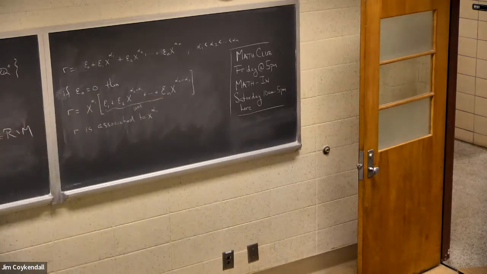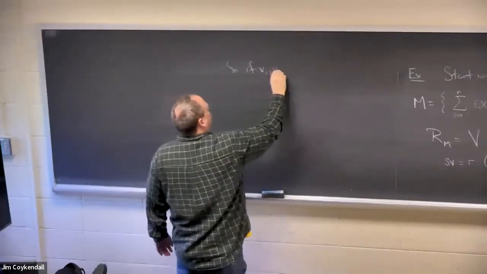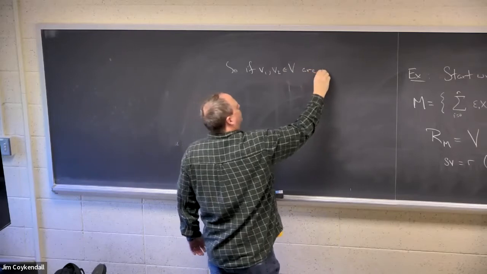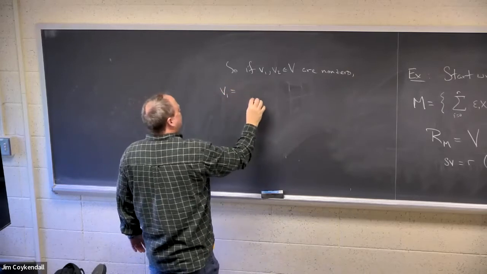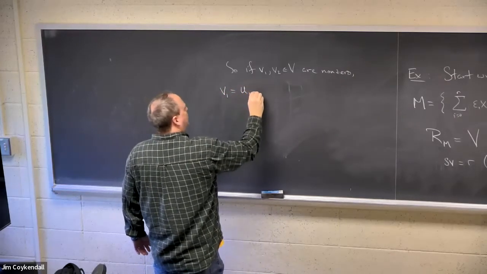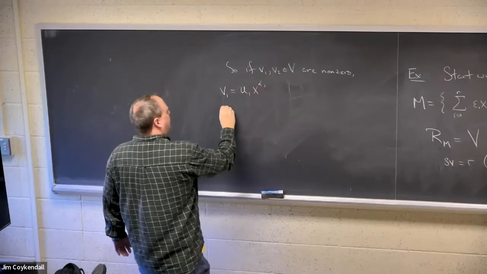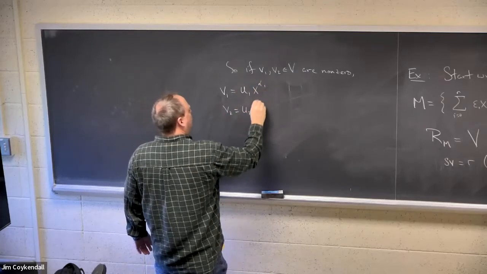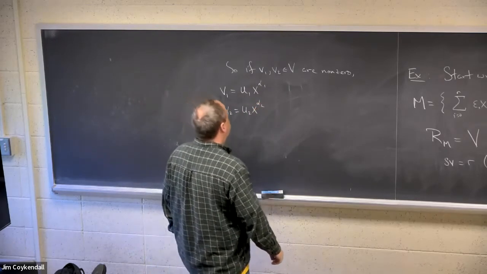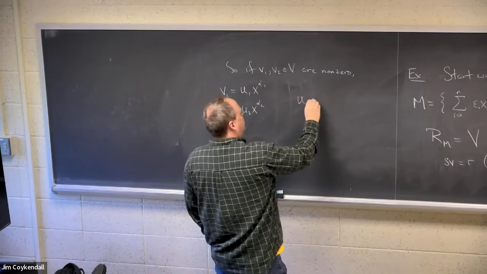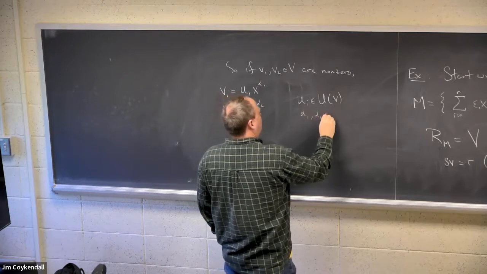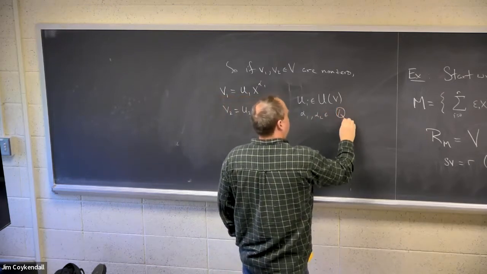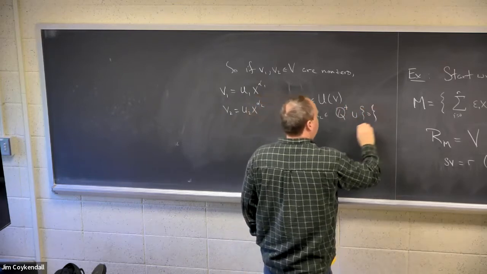And so given any two non-zero elements, E1 is unit_1 times x^alpha_1, and E2 is unit_2 times x^alpha_2, where the u_i are units and alpha_1, alpha_2 are in the non-negative values.